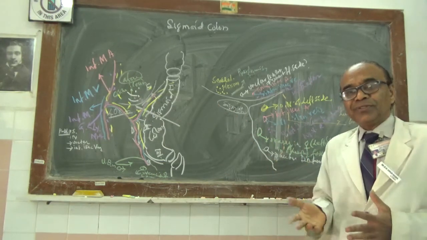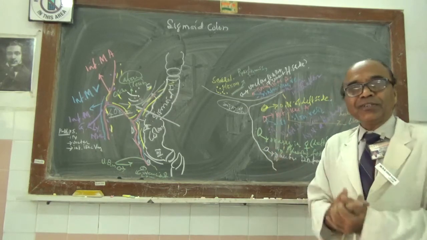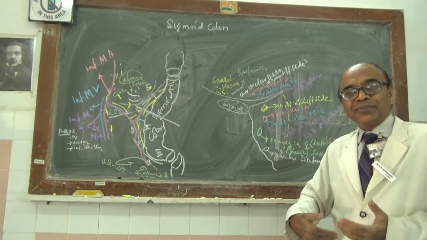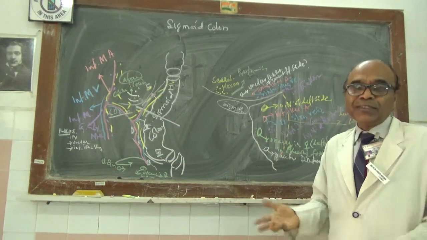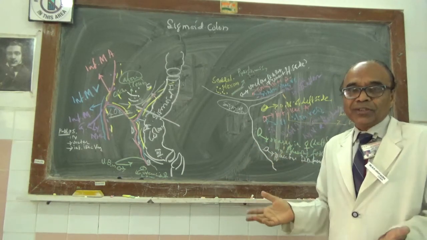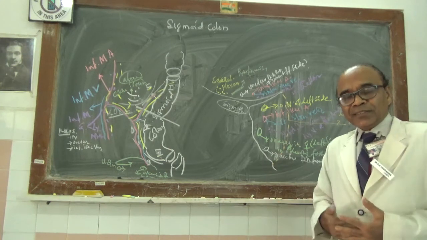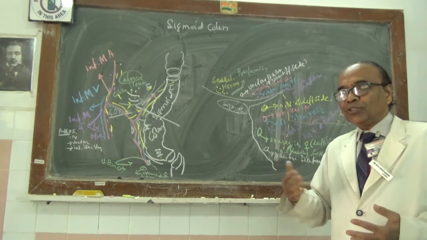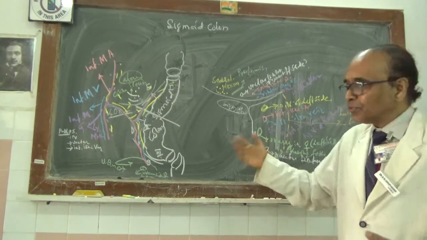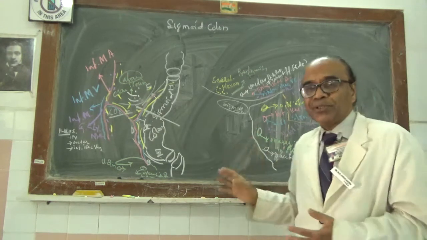Those are the differences. So internally, you have been told the histological difference, and the subserous layer will be all the way the same, flattened endothelial and mesothelial. Flattened endothelial is the parietal, and mesothelial is the visceral portion of the peritoneum, that is the serous layer.